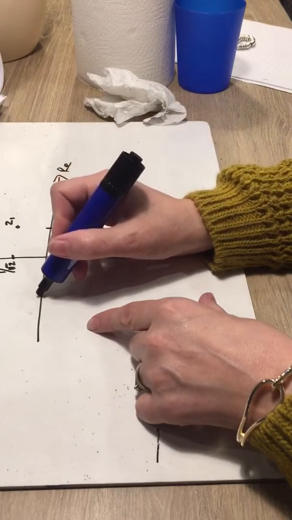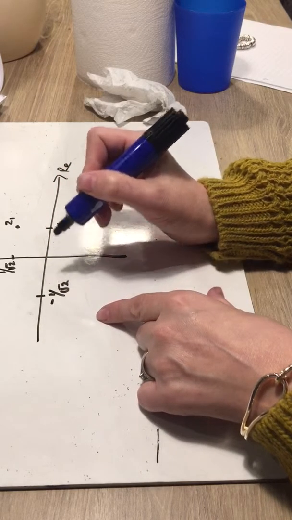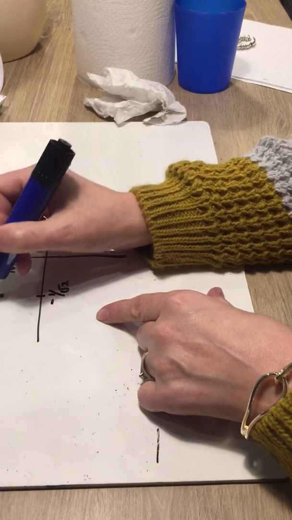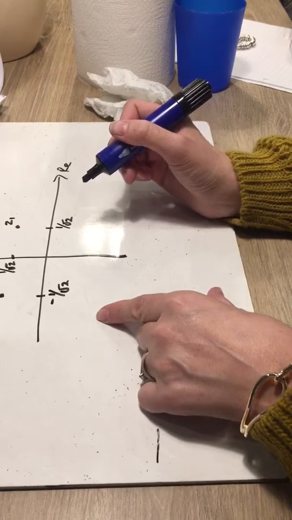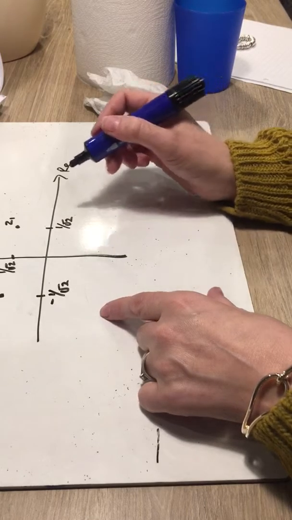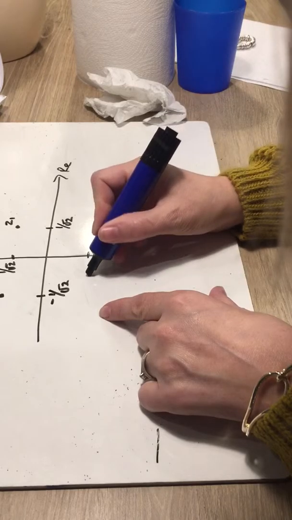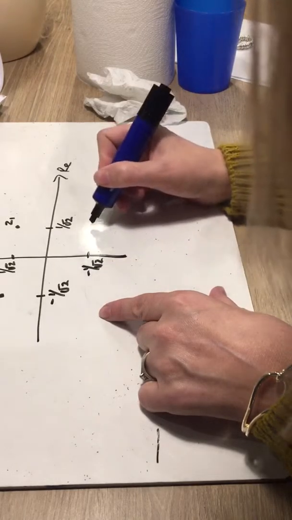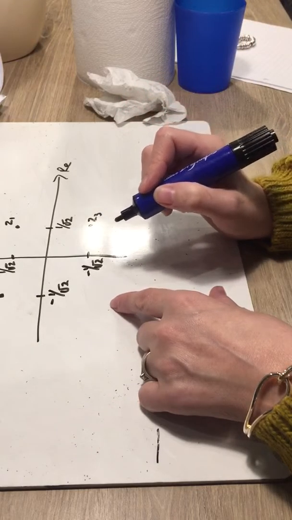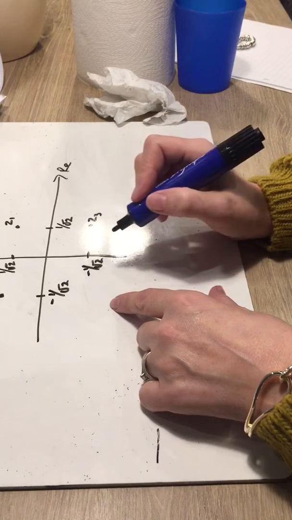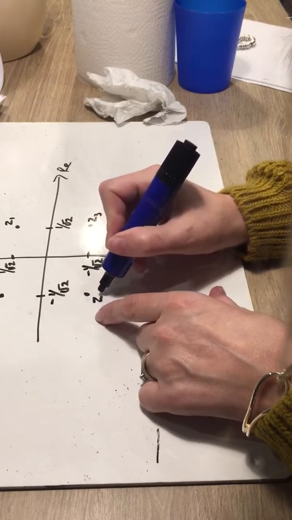Z2 was minus 1 over root 2, 1 over root 2 i, so that goes there, and that's Z2. Z3 was 1 over root 2 minus 1 over root 2 i. Okay, so that's Z3. And Z4 was minus 1 over root 2 minus 1 over root 2 i, which goes there.